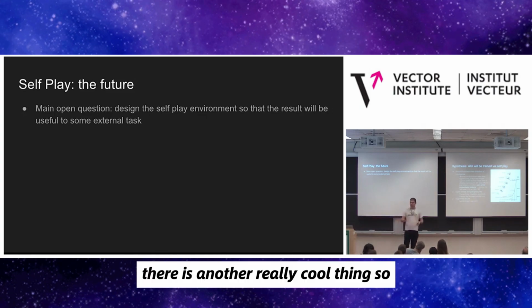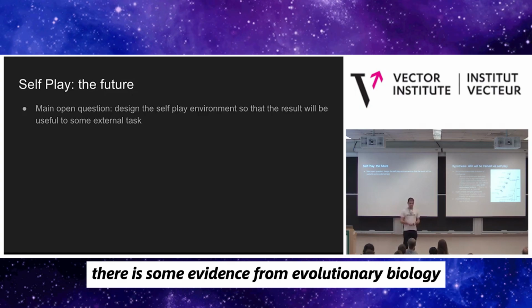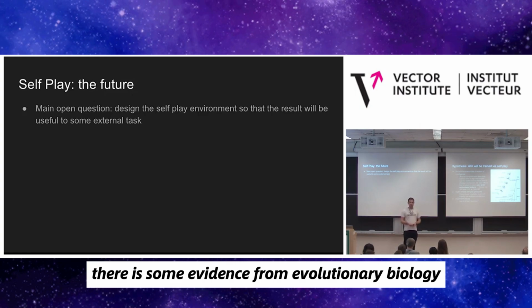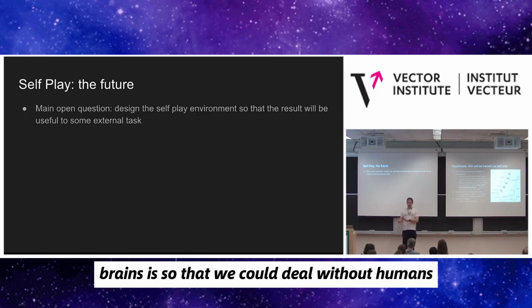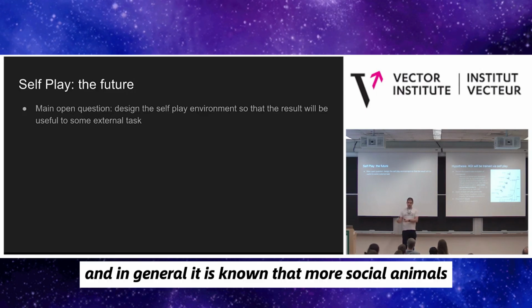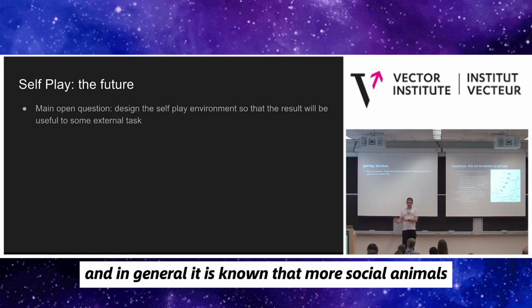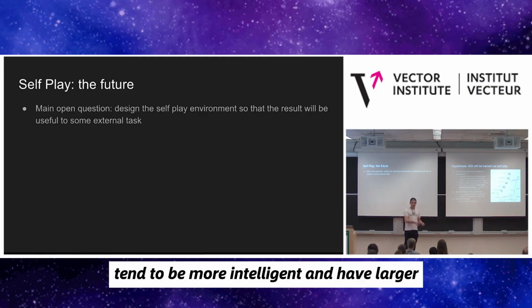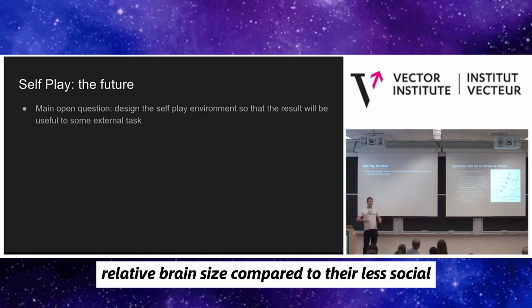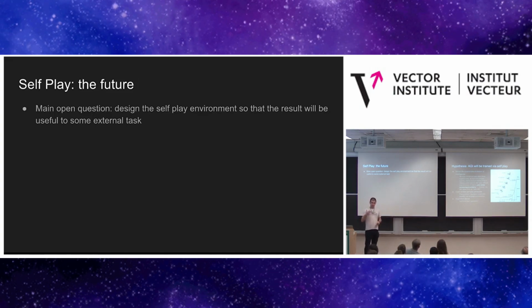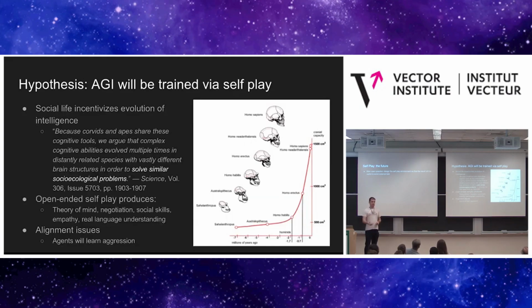There is another really cool thing. So there is some evidence from evolutionary biology that the reason that we have large brains is so that we could deal with other humans. And in general, it is known that more social animals tend to be more intelligent and have larger relative brain size compared to their less social relative species.